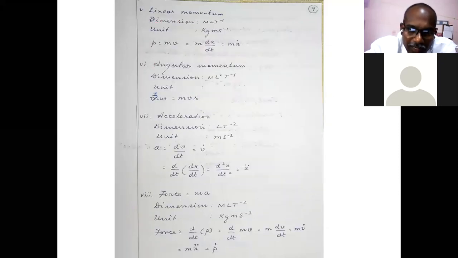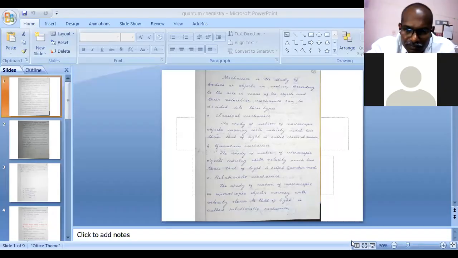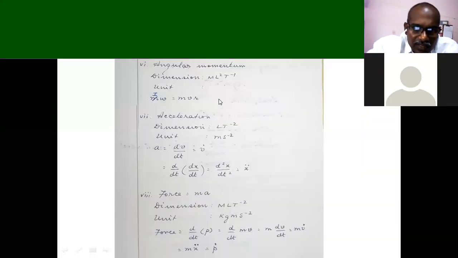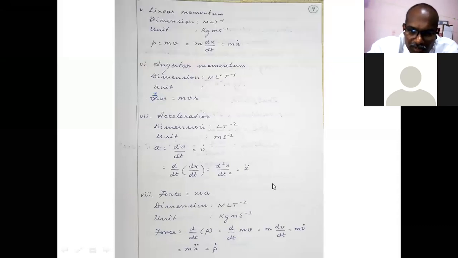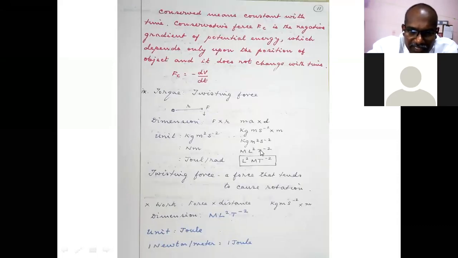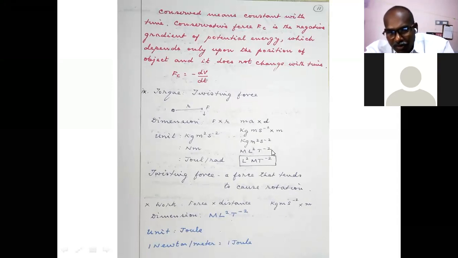It is also M L square t power minus 1. But here it is M L square t power minus 2. Therefore, no problem. Okay. Look here. Twisting force.